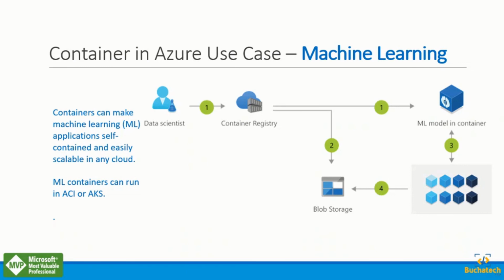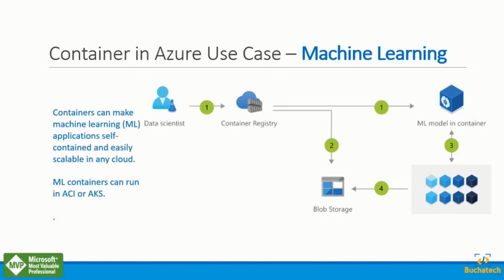I've worked with data scientists where they're building out their models, and their models run in containers. And those models are actually running on Kubernetes clusters, or maybe they're running their models in Azure Container Instance. So it's a very easy and very quick and straightforward way to run your machine learning models.